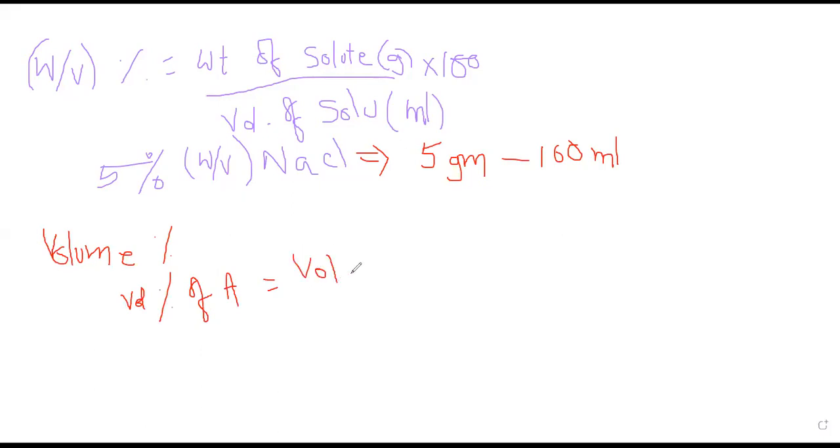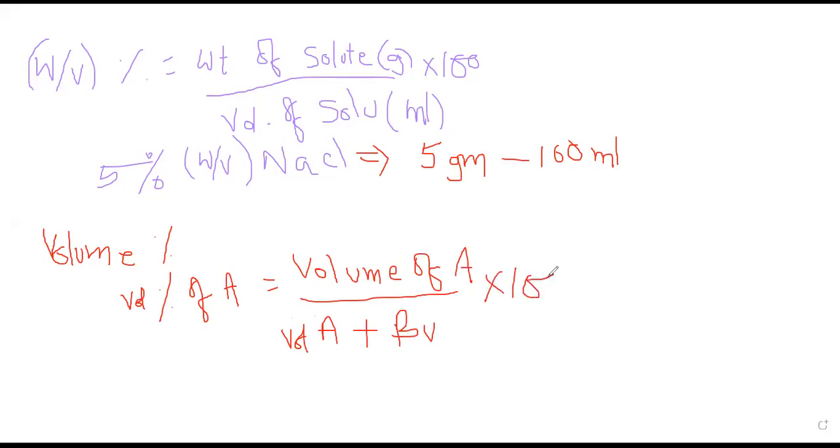Just now we discussed an example where alcohol is a liquid and water is also a liquid. We are dealing with binary solutions. What do you mean by binary solutions? When the number of components is 2, it is known as a binary solution.